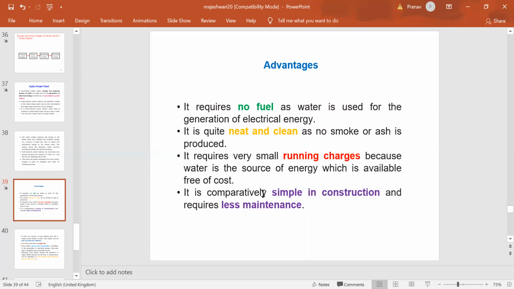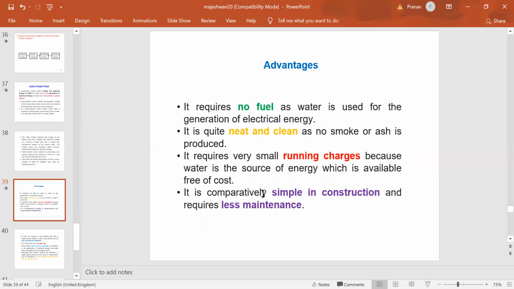So some of the advantages of these hydroelectric power stations are as follows. It requires no fuel, as water is used for the generation of electrical energy, unlike coal and oil or all other power plants.